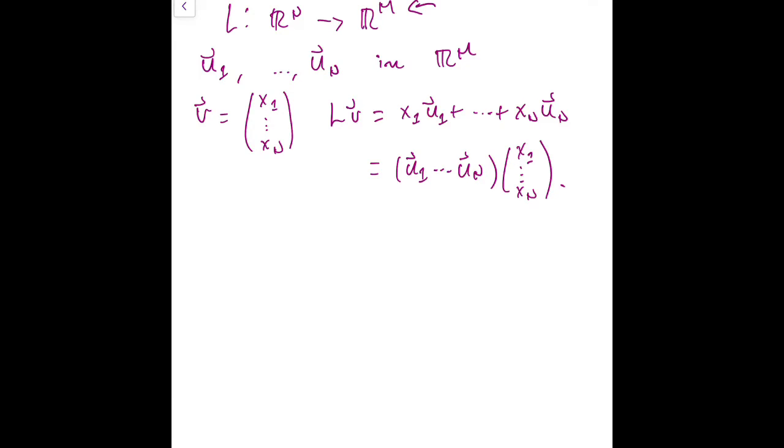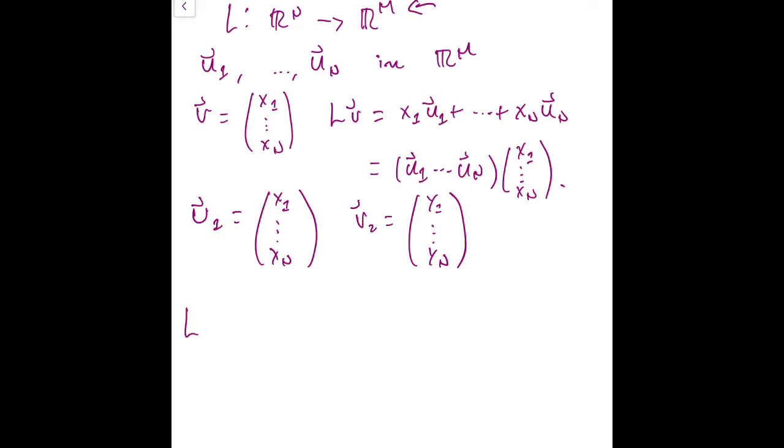Okay, so I want to prove L is a linear transformation. So I'm just going to say let v1 be the vector whose coordinates are x1 through xn, and v2 is going to be the vector with coordinates y1 through yn.